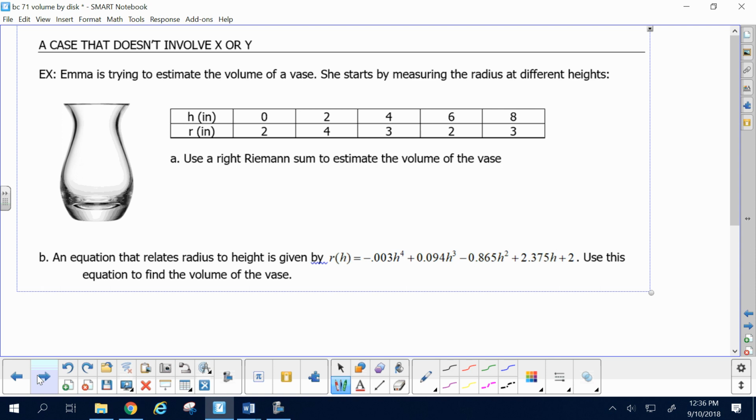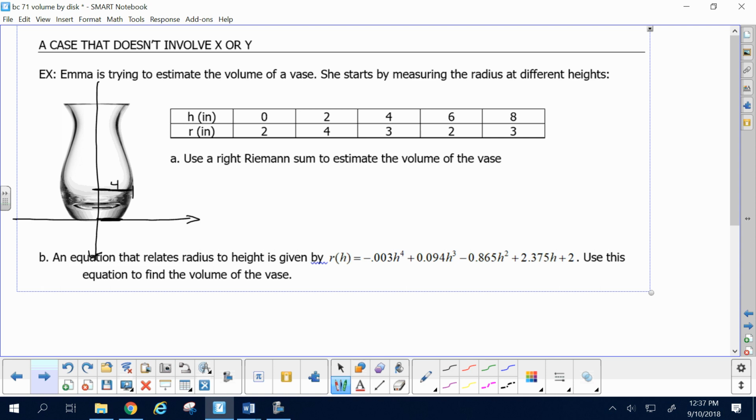She starts by measuring the radius at different heights. So at height 0 inches, the radius is 2. At height 2 inches, the radius is 4.